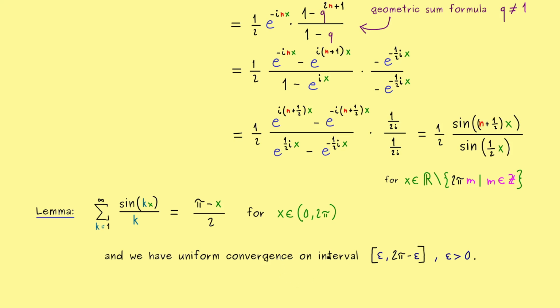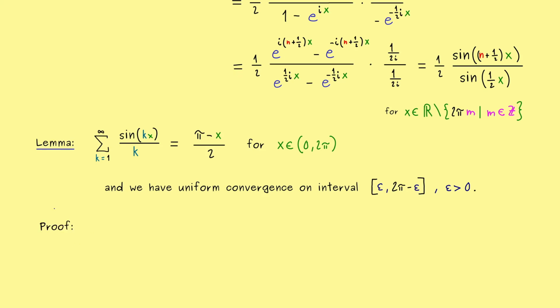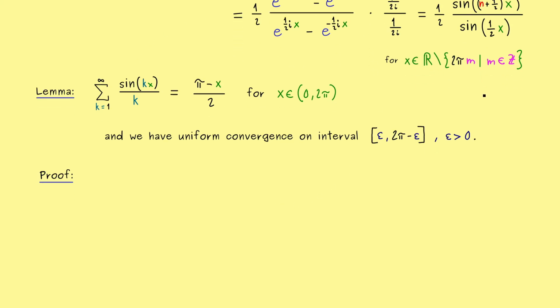So I would say this is also a very nice result, and now we can prove it by using the formula from before. The idea is simply to express the sine function as an integral over the cosine function. And then we can simply apply the sum formula for the cosine function from before. So as always, we start with a finite sum, so we go from 1 to n.